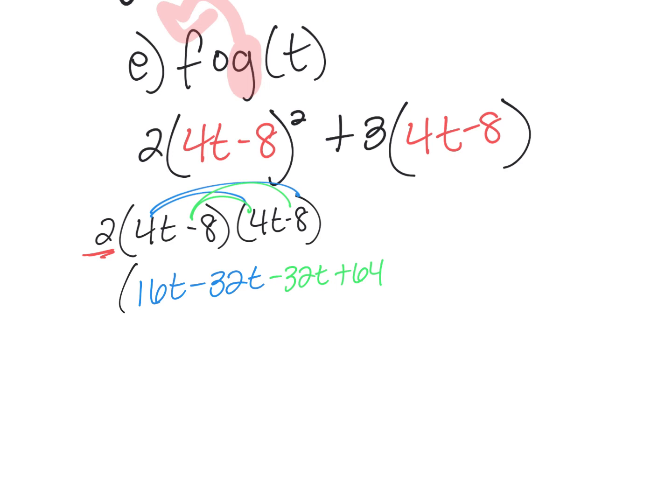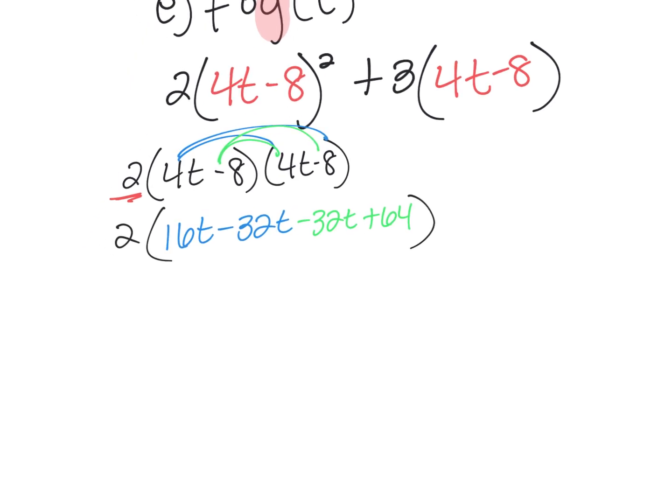And don't forget, I still have that 2 on the outside, so I need to keep parentheses around it for now. All right, so we have some options. We can either distribute in that 2, or we can combine like terms. I'm going to choose to combine like terms first. It doesn't matter which way you choose, but that's what I'm doing.